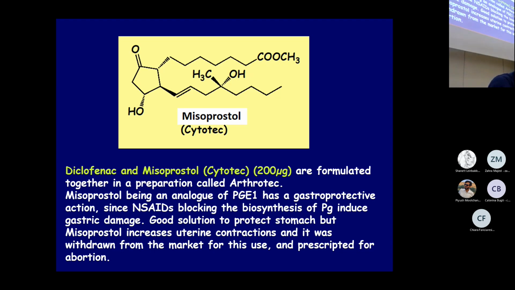So the strategy was, I use an anti-inflammatory agent, a potent anti-inflammatory agent, yes. This compound is able to block, to inhibit the formation of the protective film, yes. But if you put together an agonist of the prostanoid receptor in stomach, we can restore the formation of the protective film.